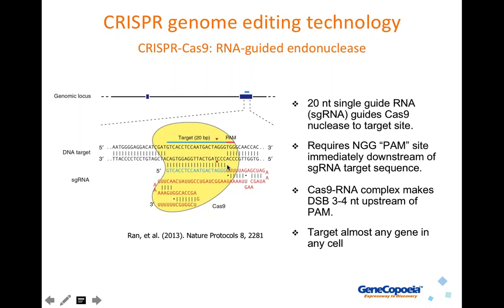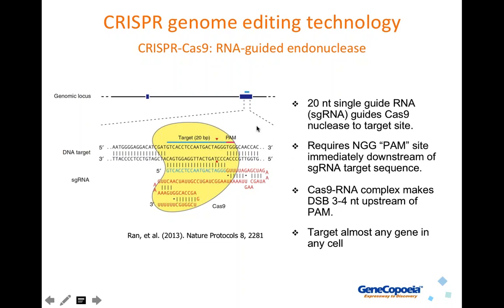sgRNA is a chimeric RNA that contains target site information, which is shown here in blue. So when you have a target site that you program into this system that occurs upstream of an NGG PAM site in the genome, this complex will find this site in the genome, hybridize with the strand opposite the PAM site, and then create a double-strand break in the chromosome.